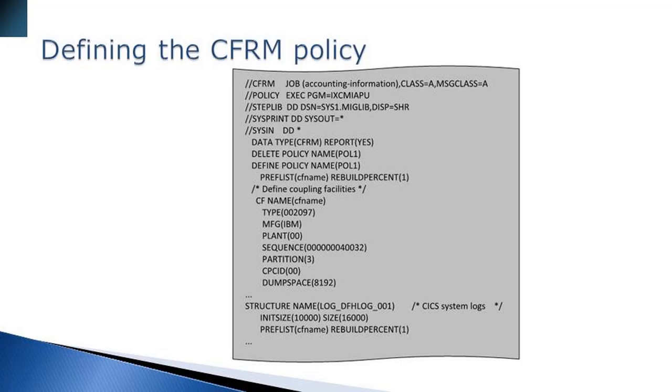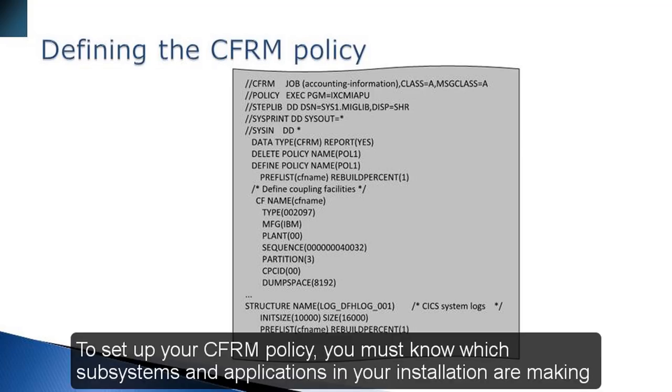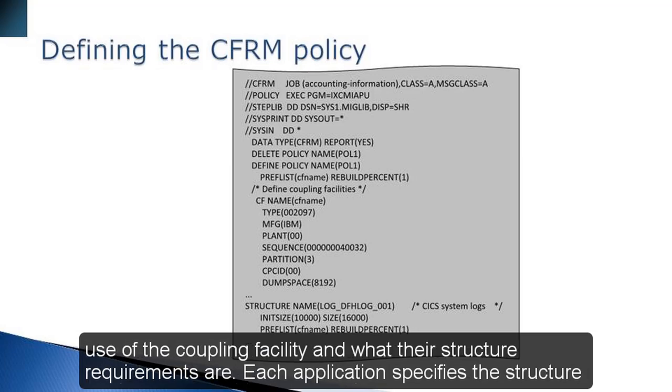Defining the CFRM policy. To set up your CFRM policy, you must know which systems and applications in your installation are making use of the coupling facility and what their structure requirements are.